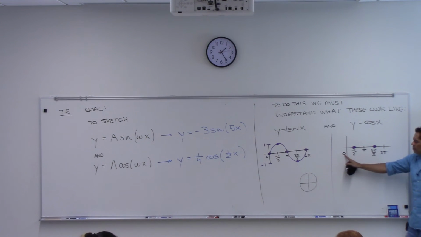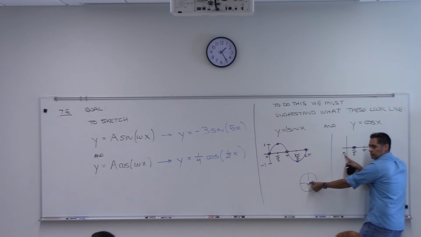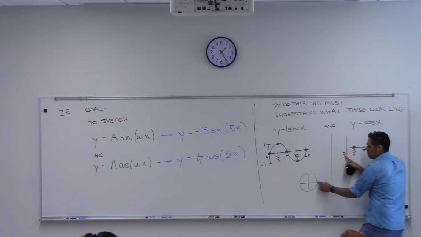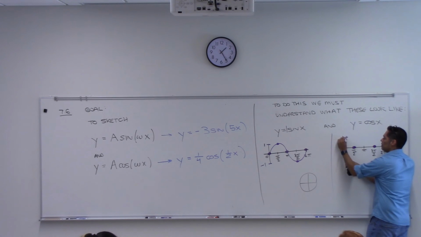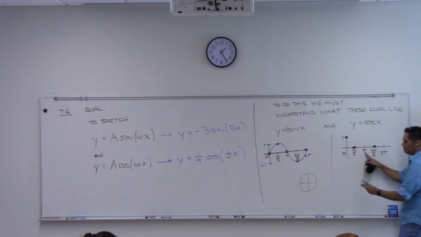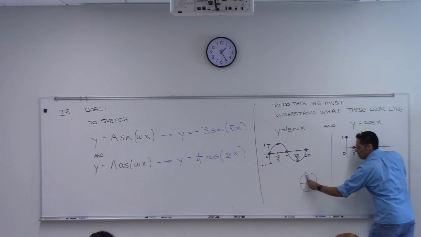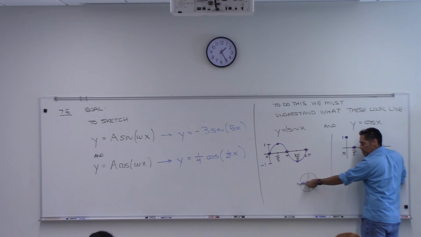What about at 0? What's cosine of 0? 1, right? Cosine's the x-coordinate. So when I'm here, the x-coordinate there is 1. So that's a point on my graph. What about at pi? Pi is there. What's my x-coordinate over there?